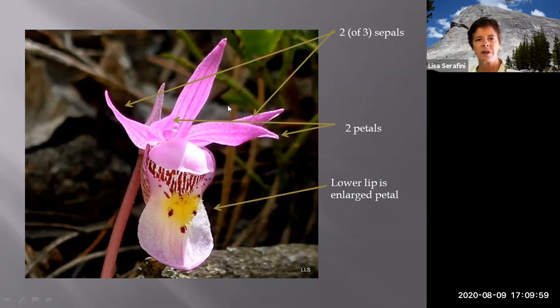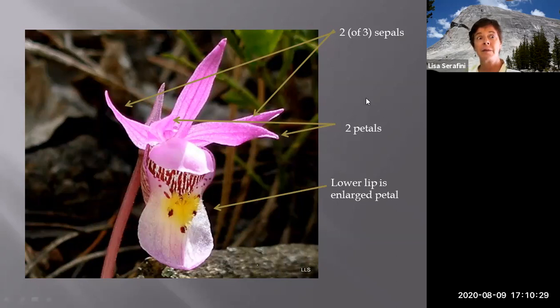So they're actually between the sepals, and the other one is this big one down here. So there are 3 petals, but the one that is enlarged, the lower one, is called a lip, the lower lip, enlarged petal. And if we look in the center here, we're going to find the male and female parts fused together. So the stamen and the stigmatic surface are all going to be fused together. It's a really cool structure.